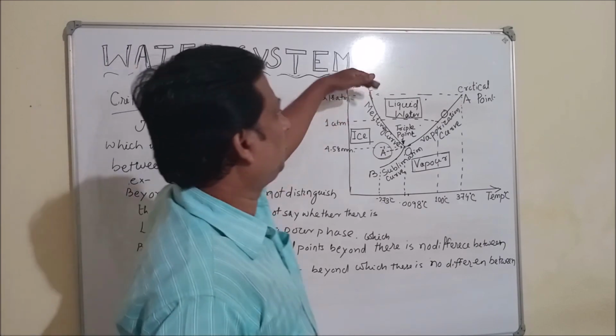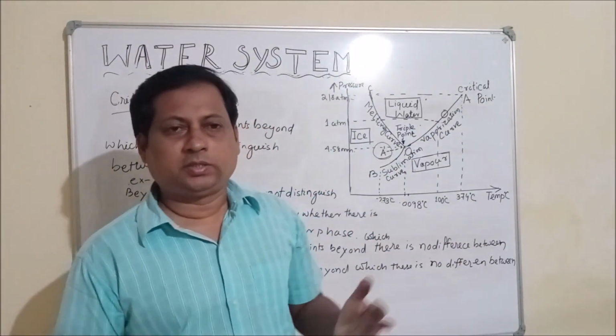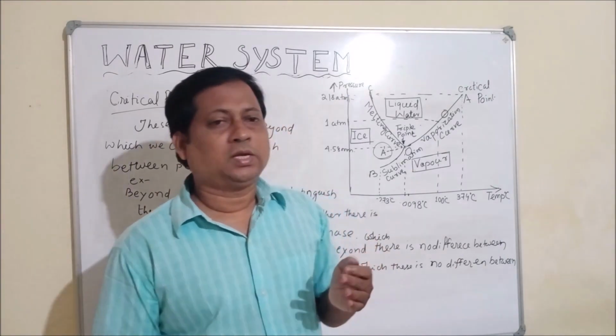This is the end point. So beyond which there is no phase distinction. So these are called the critical points.